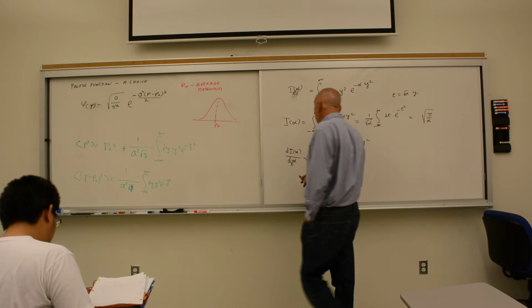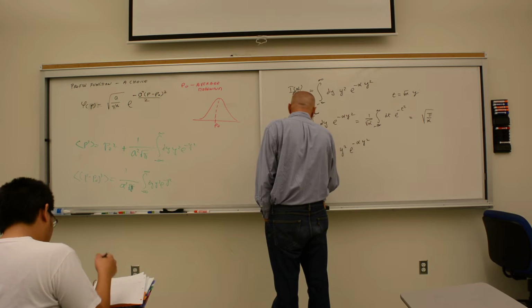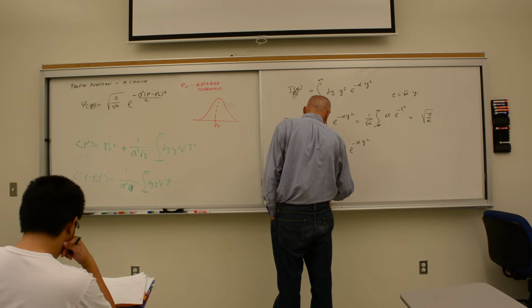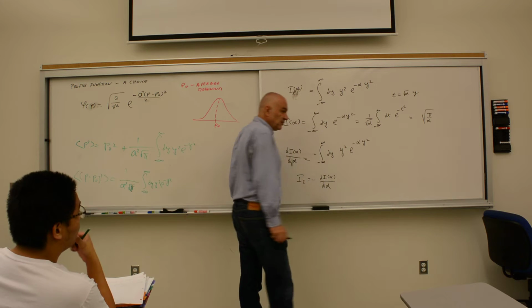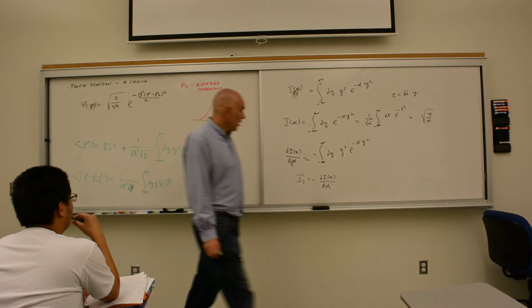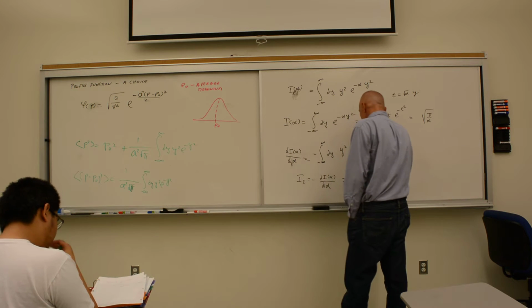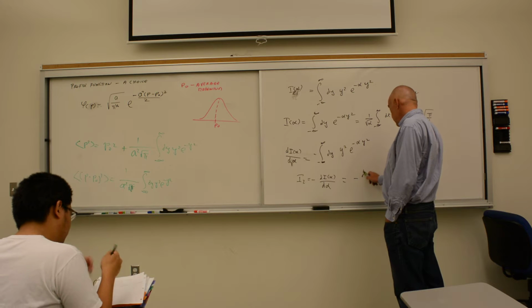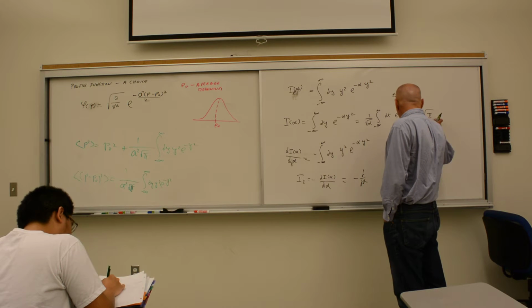So basically, my integral I2 is the negative of this derivative. So I know what this integral is, which is minus this here.